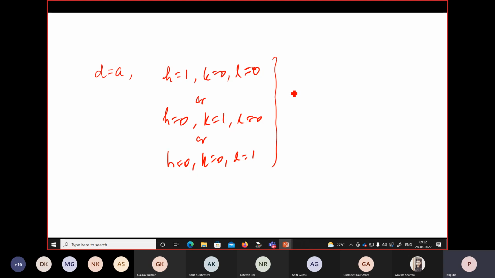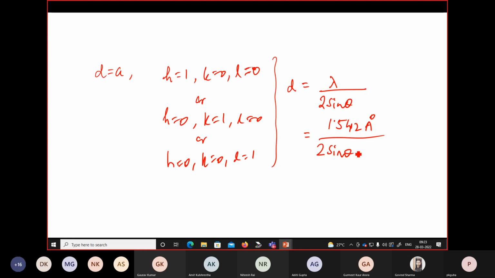So then d will be how much? We know that 2d sin theta equals n lambda, with n equal to 1. So what will be the value of d? 1.542 angstrom is the wavelength we have considered.